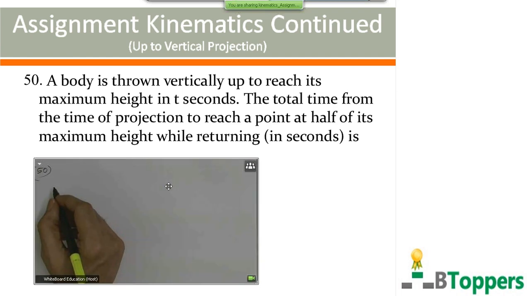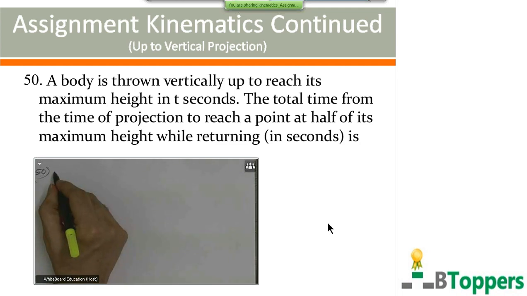See the question number 50. A body is thrown vertically upward to reach its maximum height in t seconds. The total time from the time of projection to reach a point at half of its maximum height while returning is how many seconds? We have already discussed this question in question number 48. Question number 48 already included the solution of this problem.